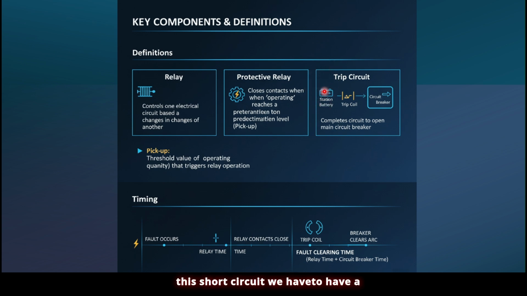But in this circuit, we have to have a battery, okay, and this battery will lead to a generation of current, and this current will lead to a magnetic change in order to trigger the circuit breaker to prevent the error, okay.